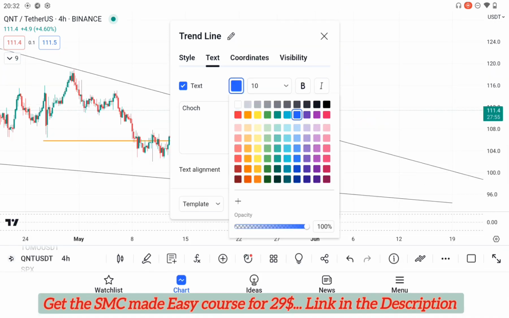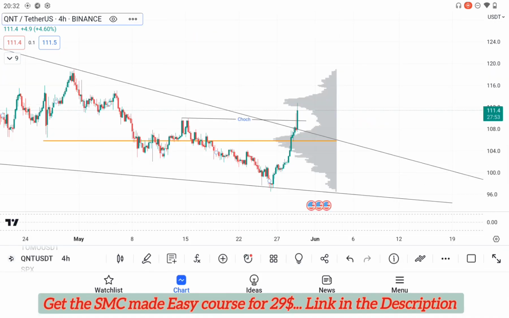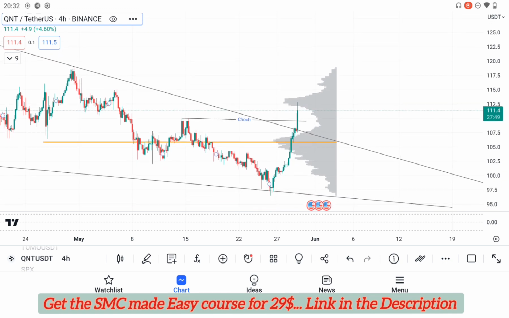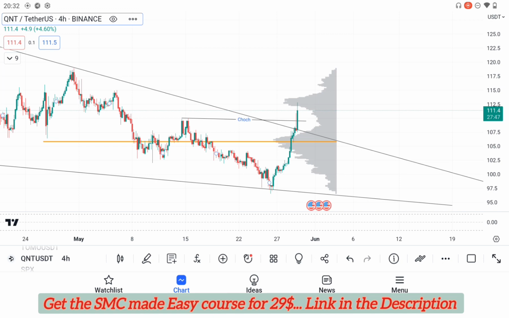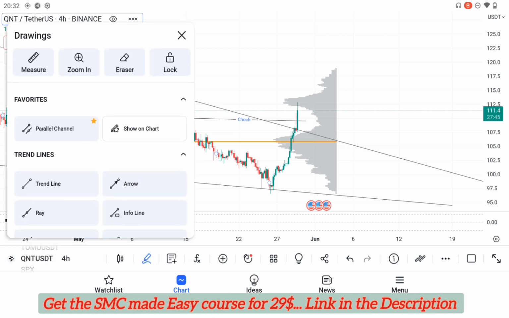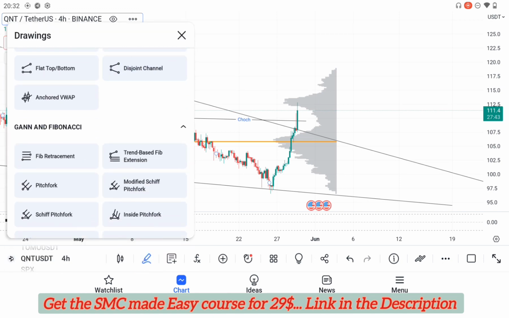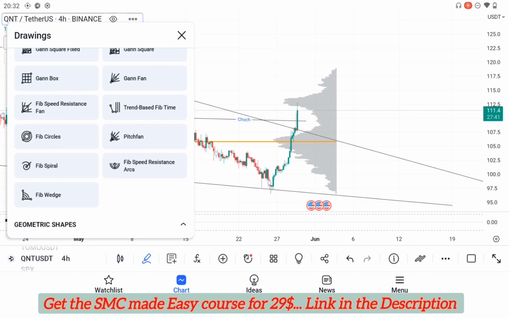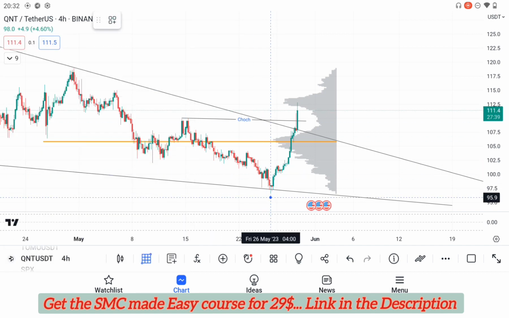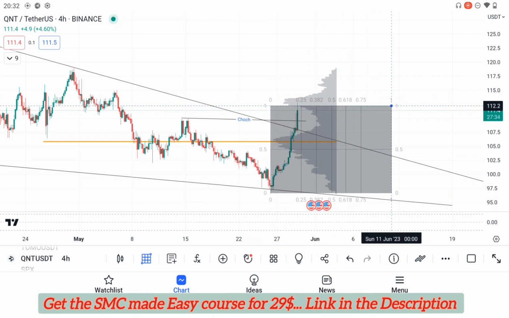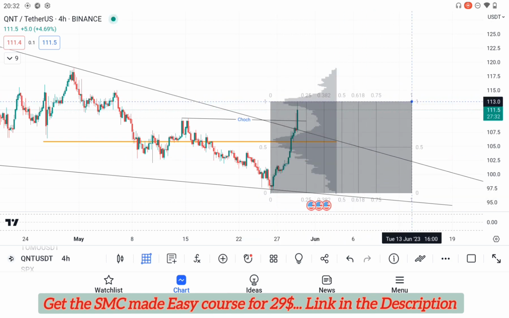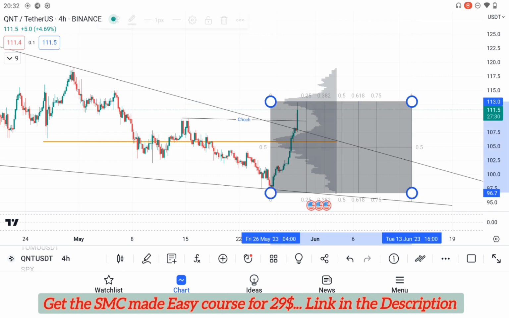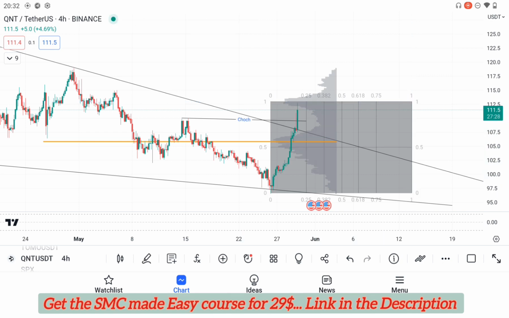I'm going to represent this in blue color. So I'll be looking forward to buying at the discount level. The discount level should be anywhere below 50%. If I should use my gun tool, anywhere below 50%.